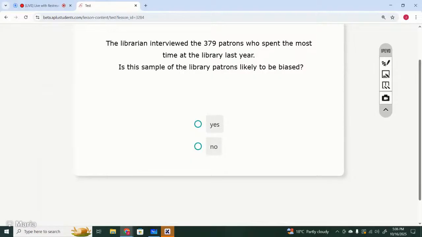The librarian interviewed the 379 patrons who spent the most time at the library last week. Is this sample of library patrons likely to be biased? So yes, they are a biased sample. The correct option is yes.